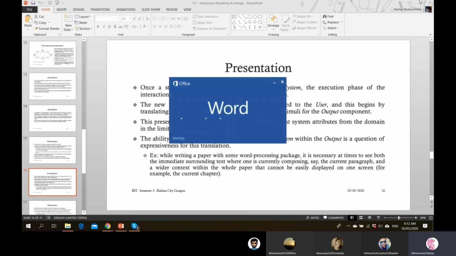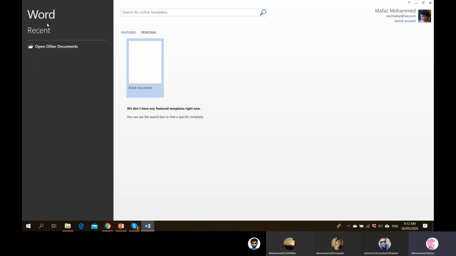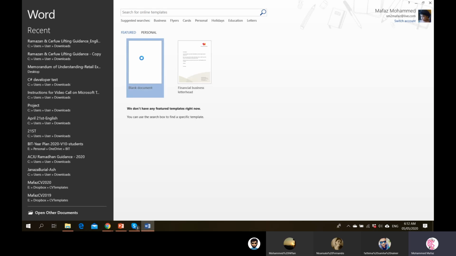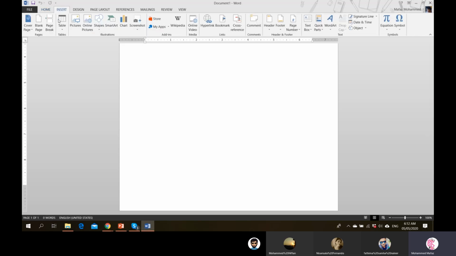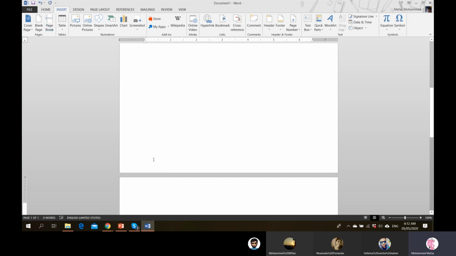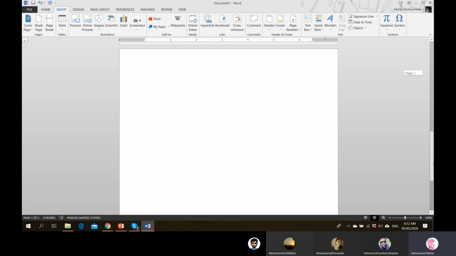Now here, this is a 17-inch monitor I'm using. The same thing might be different if I'm going to use a square type of monitor. There is a challenge in properly presenting. Now here you can see this is one sheet. Now if I insert a new page, you can see it's 2 pages. Now I can simply make it 1 page.